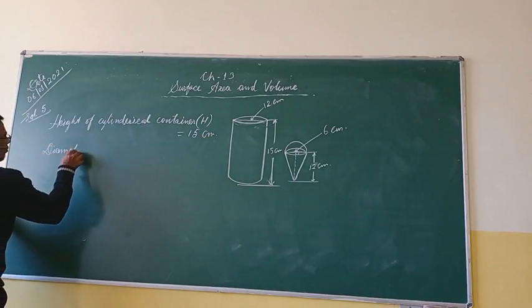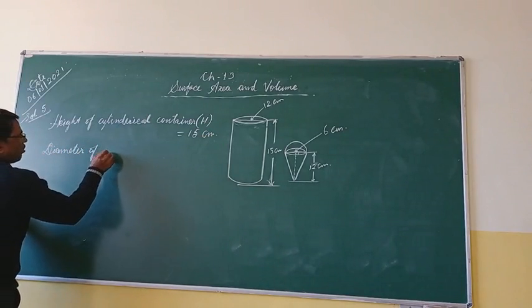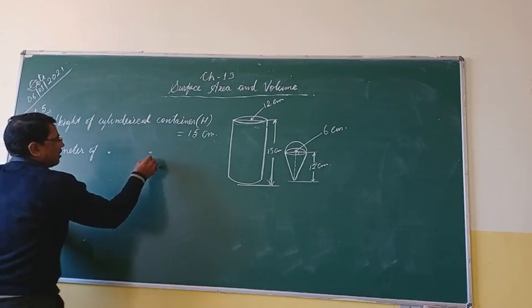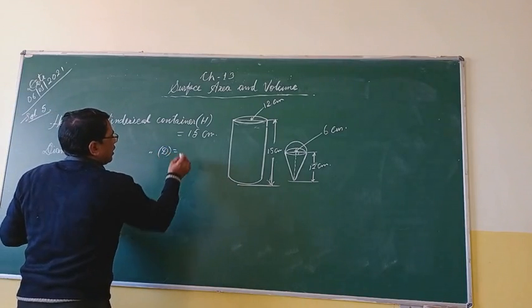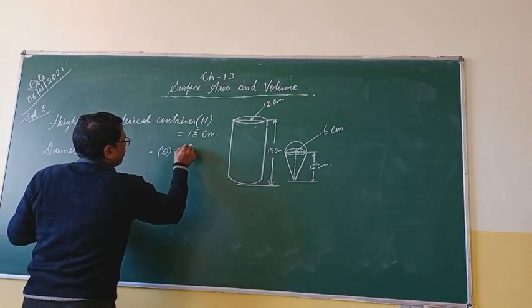Diameter of cylindrical container, D, is given here 12 cm.